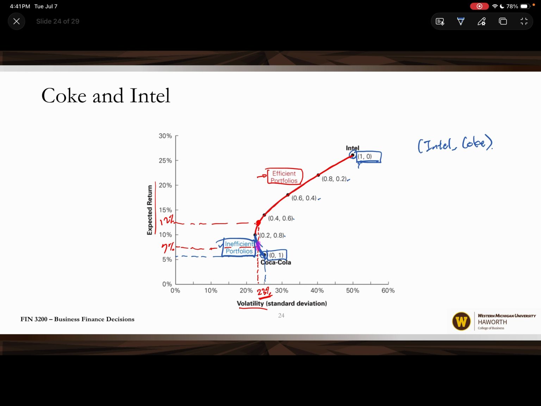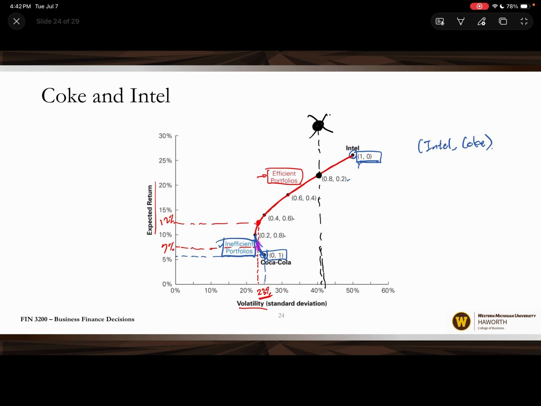Makes sense? What I do is I call this the vertical line test. Based on what's given, check whether this is an efficient portfolio. You want to see if there are any other portfolios that generate a greater expected return given the same amount of volatility.